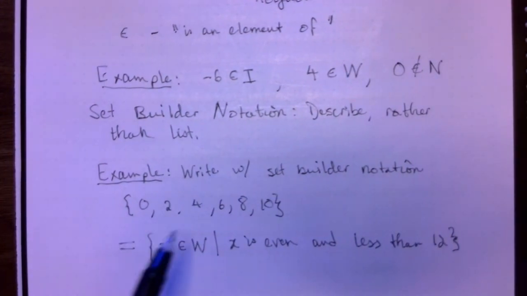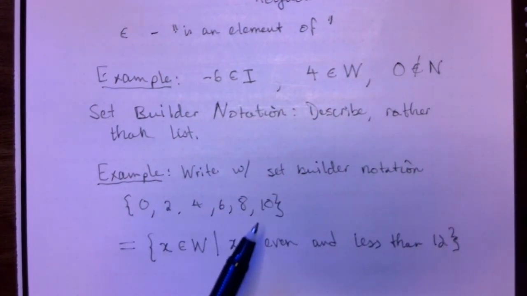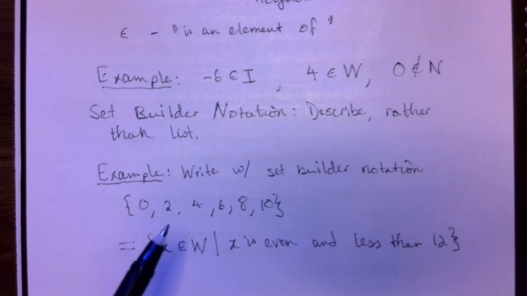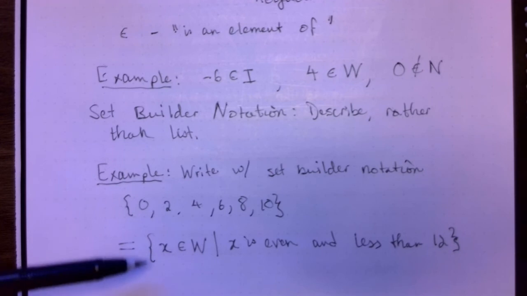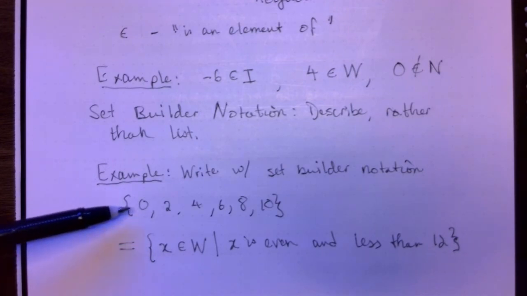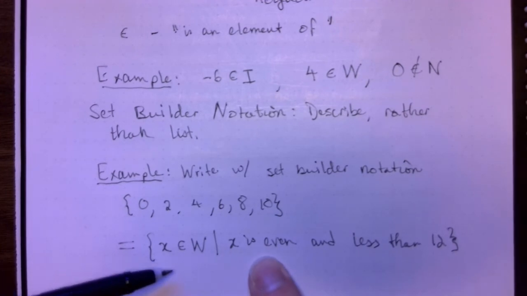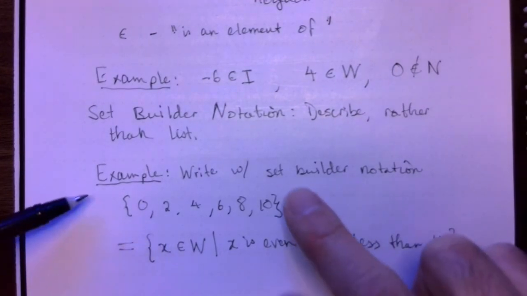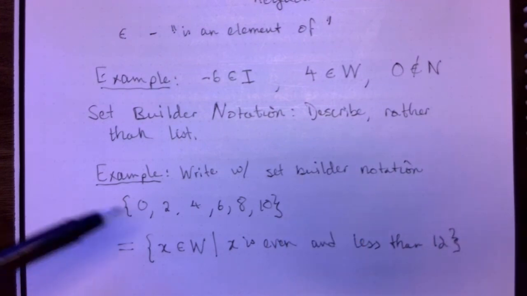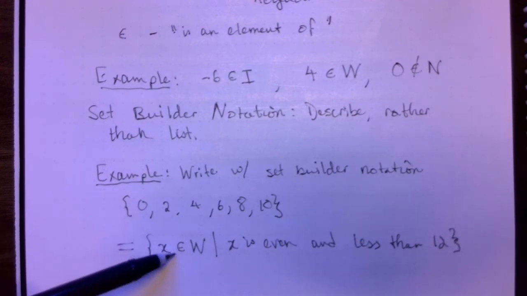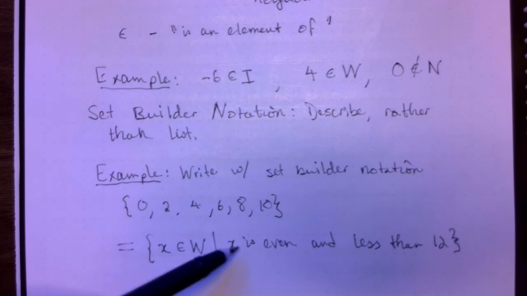So I could describe this set by saying that it is even whole numbers less than 12. Even though I've written the thing two different ways, they're describing the same set. The set builder notation is saying I want even whole numbers and I want them to be less than 12, and that's what this set is here. So x is an element of the whole numbers and x is even and less than 12.